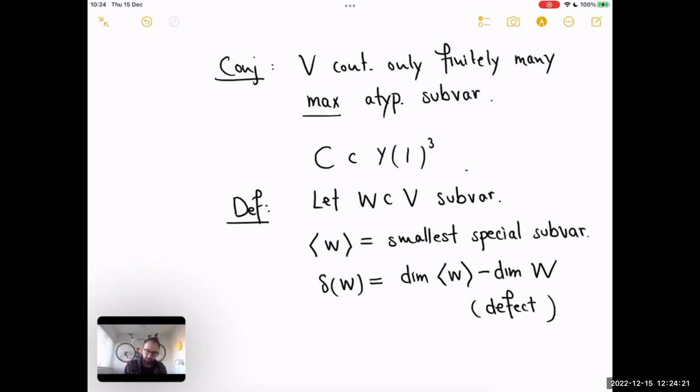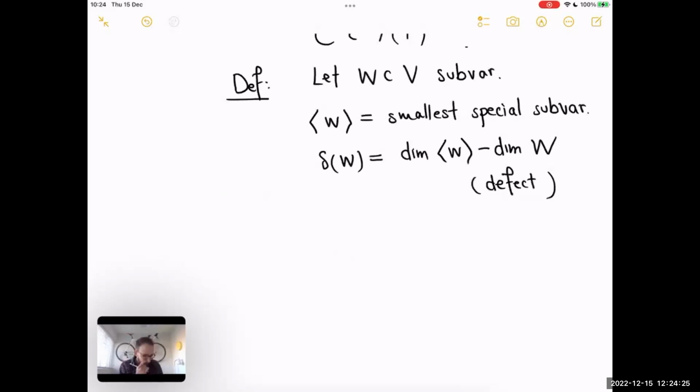I think that was something first introduced by Pink. And then a notion introduced, I believe, by Habegger and Pila is the idea that W is optimal if this defect is minimal among all the subvarieties of V that contain it.